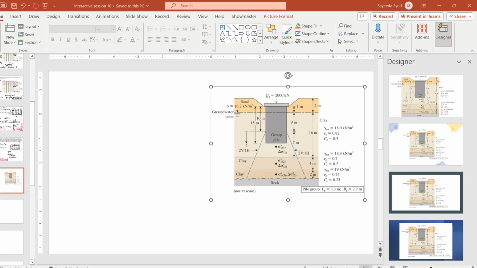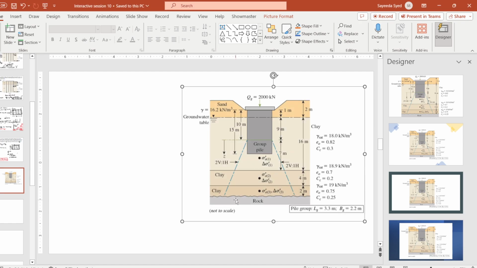Okay, so this is the question about our consolidation settlement in clayey soil. All the data about the layers has been provided in the figure. Let me resize it a bit.